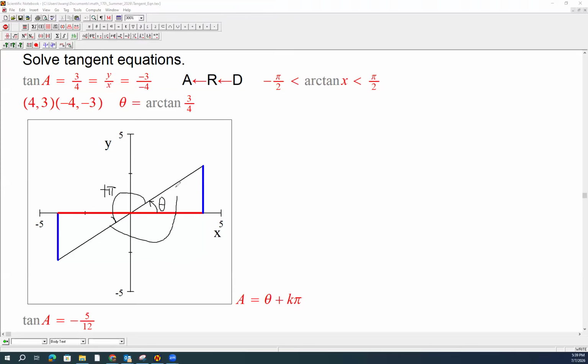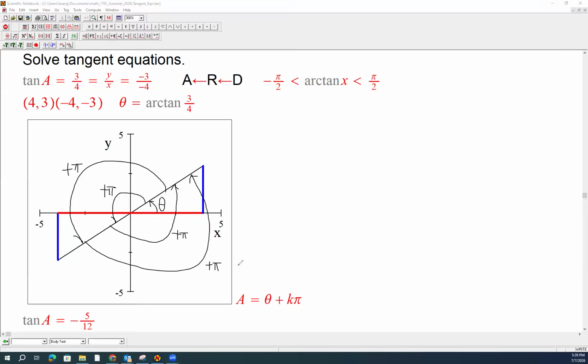If I add another pi, we get to the terminal in the first quadrant. If I add another pi from here, and from this piece we add another pi, we keep adding pi and we will get all the solutions possible.